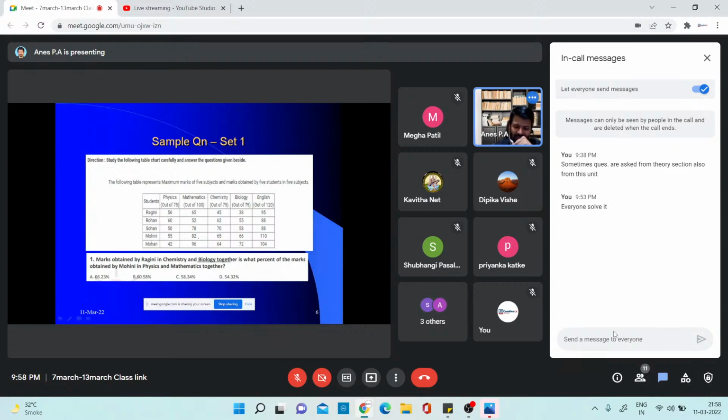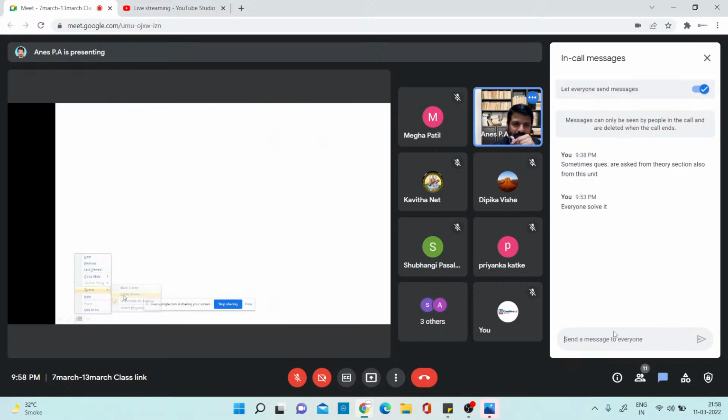So, I will show there how to do it. First, sum the marks of Ragini. You can say the figures right now. What are their marks? 45 plus 38 equal to 83.